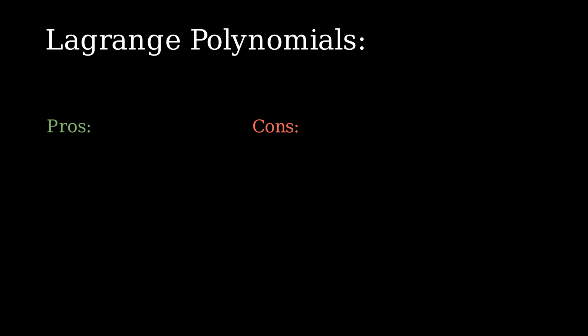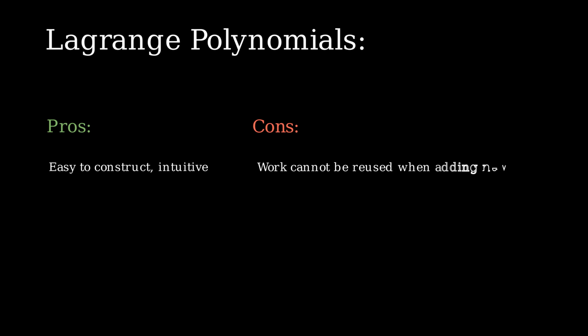Compared with other methods, the Lagrange form of interpolating polynomial is easy to construct and understand intuitively, especially for low-degree polynomials. However, there are many downsides when compared with construction using divided differences and Newton's form for the purposes of interpolation. Most notably, any time that a new node must be added, each Lagrange basis polynomial must be completely recalculated.